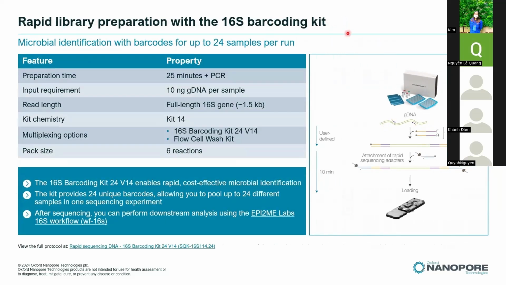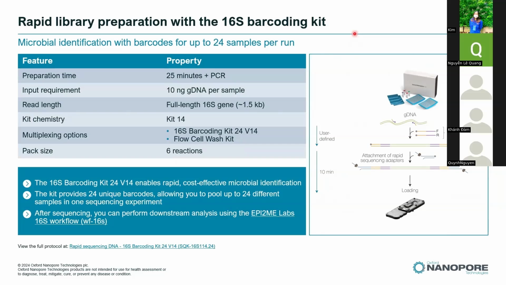In Nanopore we do have a 16S barcoding kit readily available. If you want to multiplex samples, for example, to reduce the price per sample, and you only want to do 16S sequencing and you are interested in genus level bacterial identification, this is a good option. And why do we say genus level?